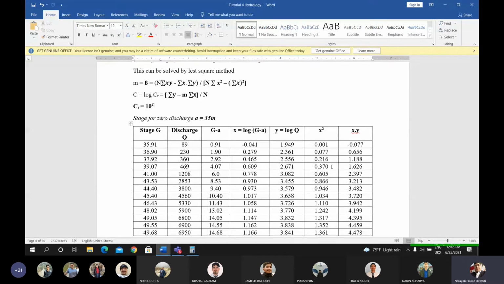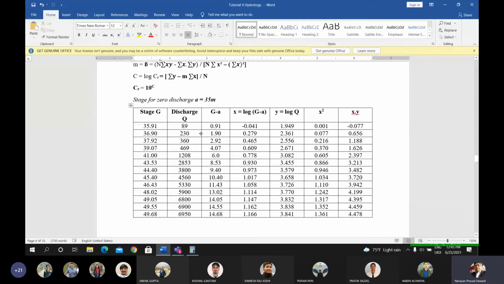Now multiply x and y to get xy: 0.041 into 1.949 gives 0.077. This negative x is multiplied by the positive y, so the value is negative. This is the xy value.